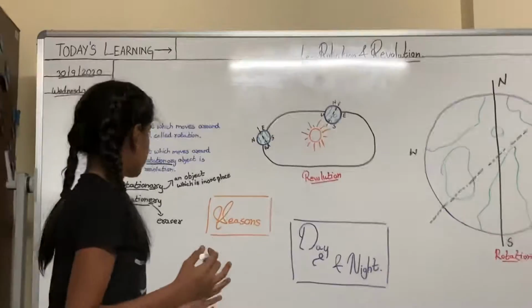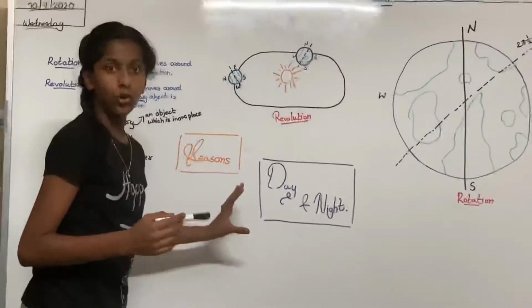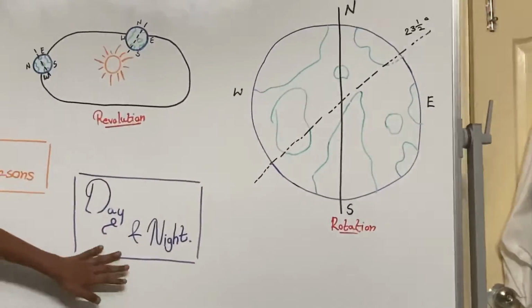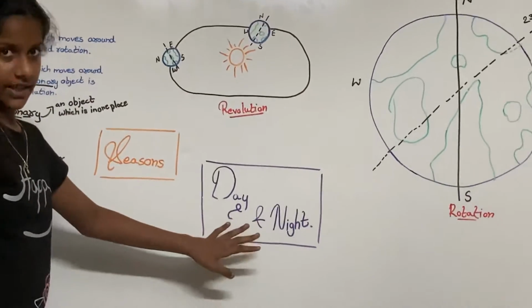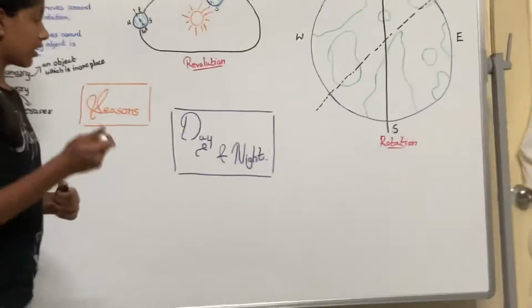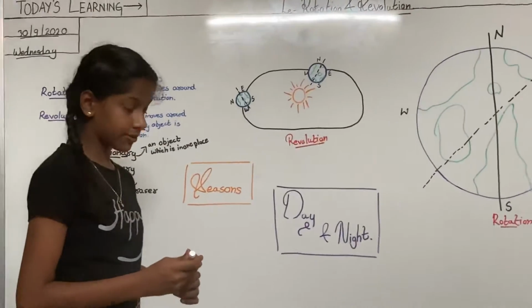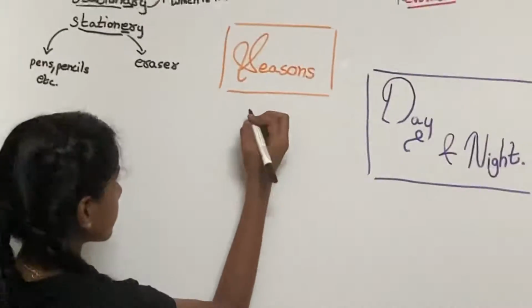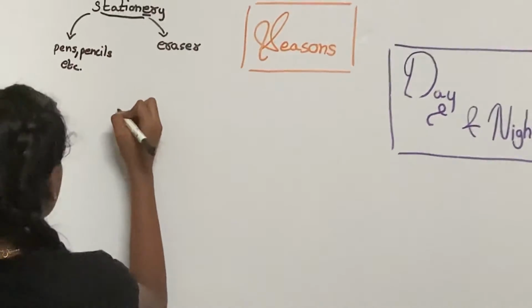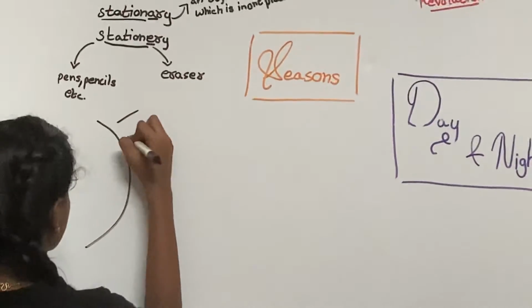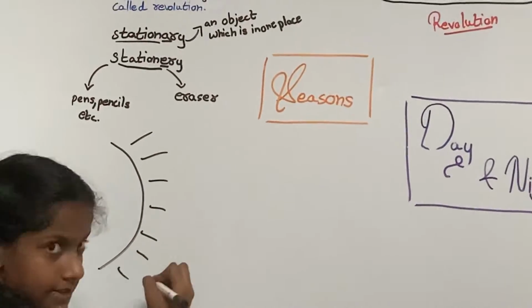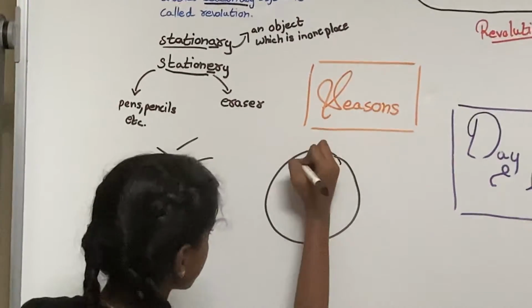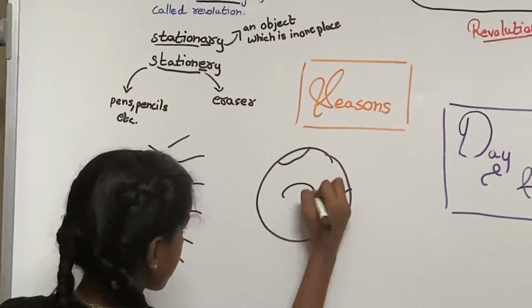Okay. Now, because of rotation of the earth, we experience day and night. Now, okay, I am going to draw a mini model of Earth here. Now, I will draw the sun here. So, this is the sun.